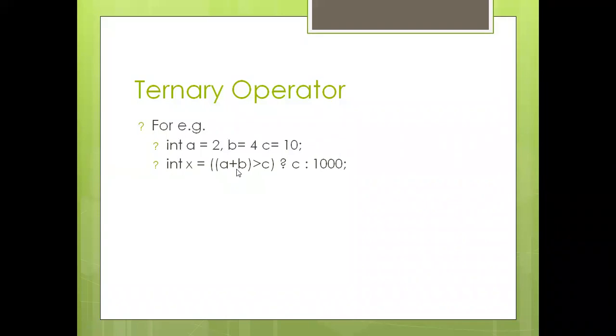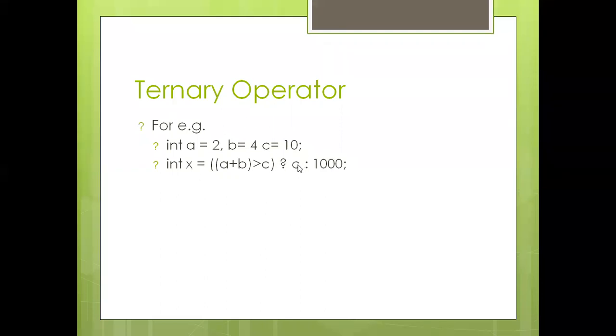So 2 plus 4 is 6. So 6 greater than 10. This bracket we will solve first, according to the BODMAS rule also, the bracket is solved first. 2 plus 4 will be 6, then the expression will be 6 greater than 10. So the condition is false. So this 1000 is going to be written in X.